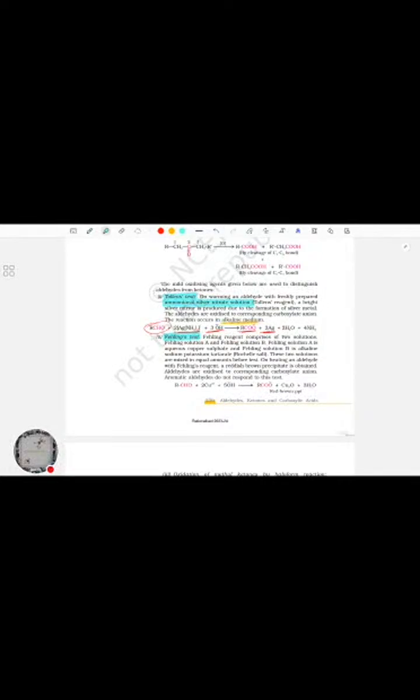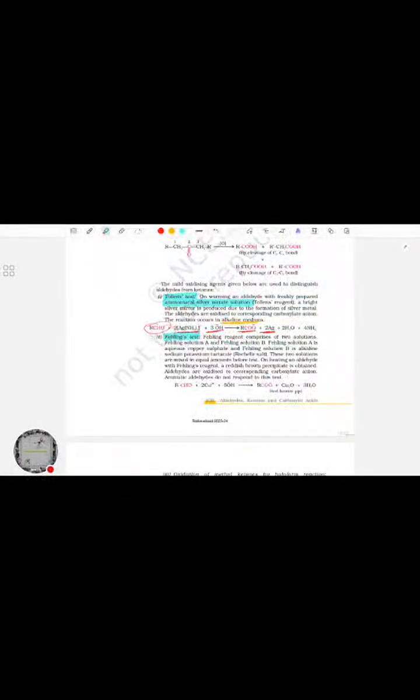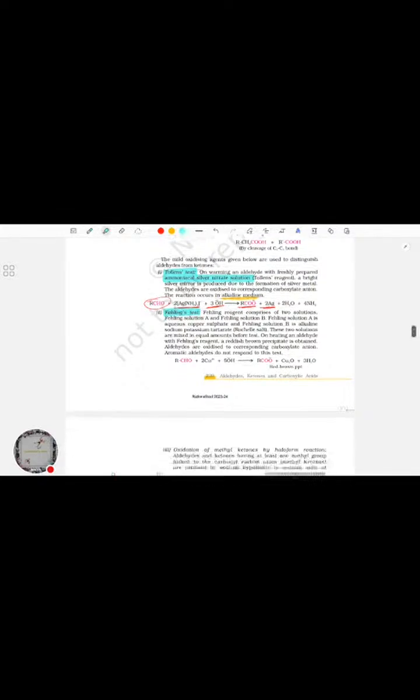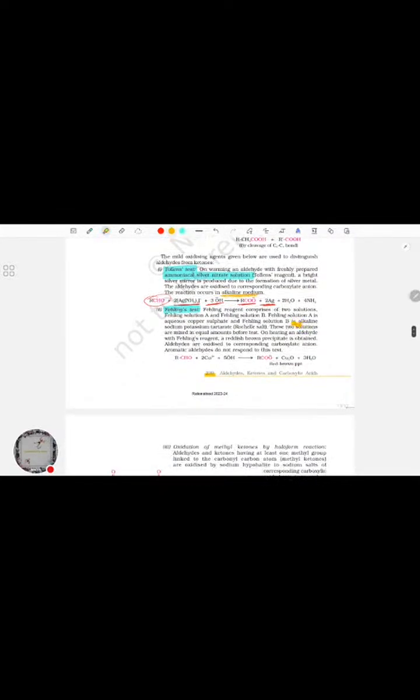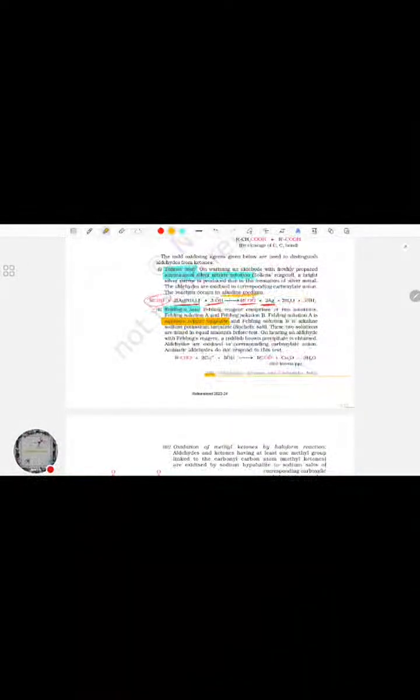So when doing the Fehling test, we have two different solutions, A and B. Fehling solution A is aqueous copper sulfate, the first solution, and the second one, Fehling solution B, has sodium potassium tartrate, the Rochelle salt.